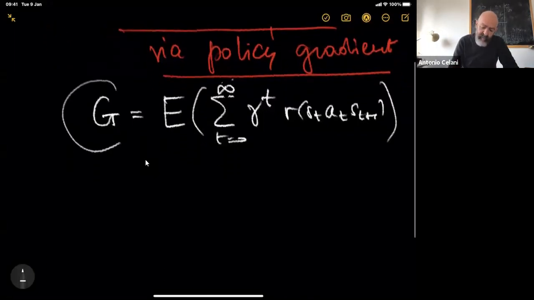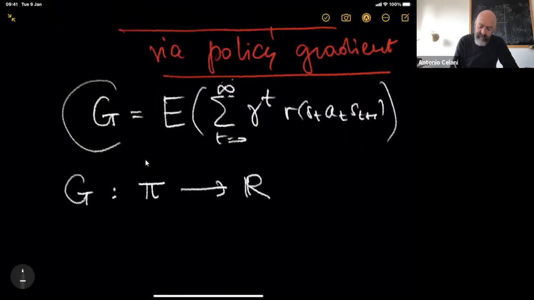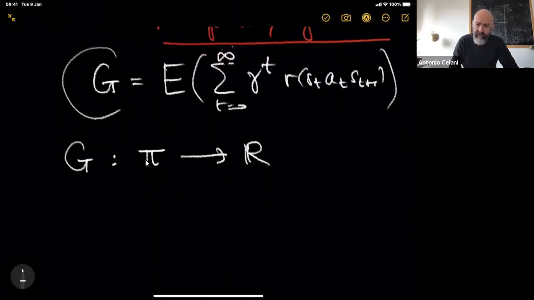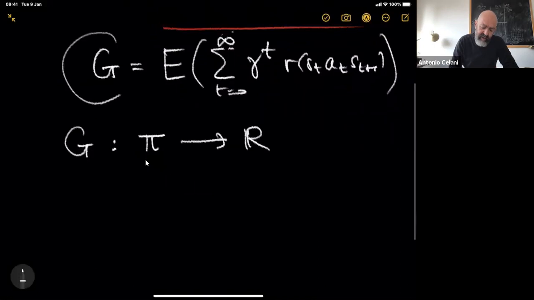Let me elaborate on this. Our G function is something which maps policies into real values. This is not a proper notation for a function. I should put the domain here. So what is the domain of this function? Well, it acts on the following space. What are policies? Policies are probability distributions.